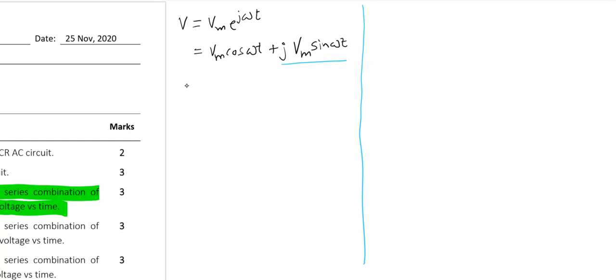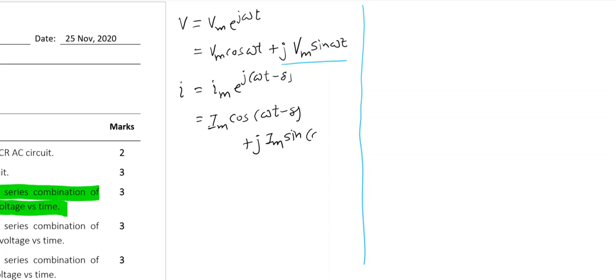Similarly, I is Im e raised to j omega t minus delta. This was the equation which we derived last time, and the real part will be Im cos omega t minus delta. The imaginary part is j Im sin omega t minus delta, but as I mentioned, we will not be using this part.